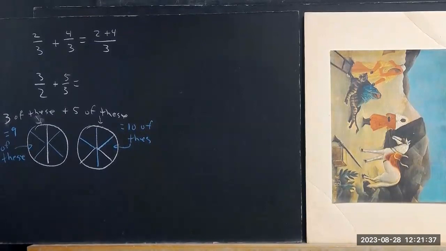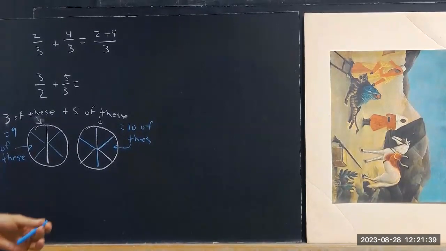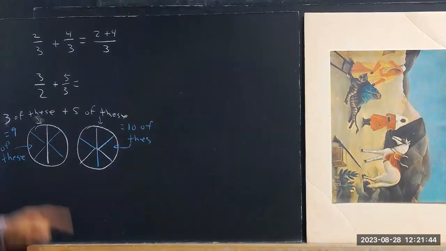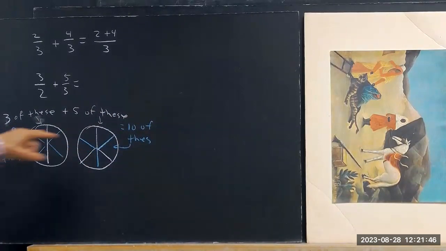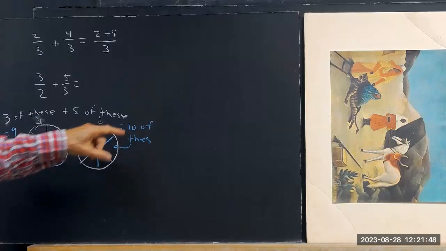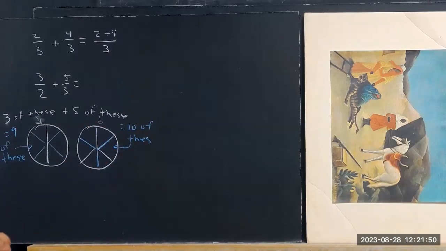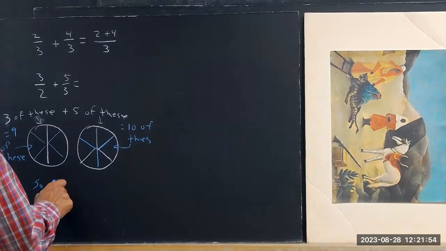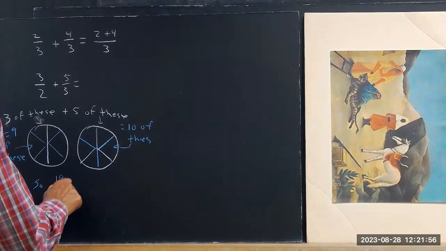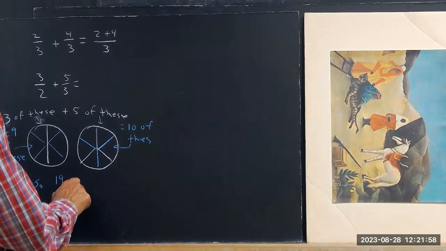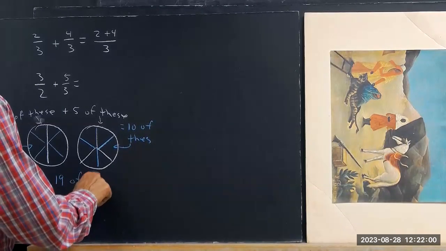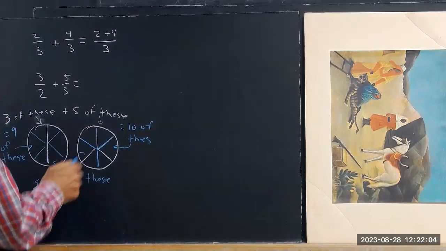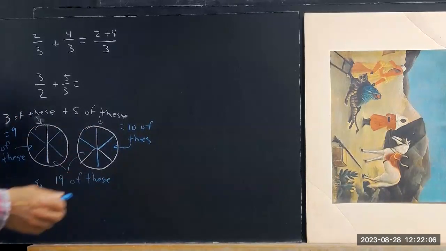That's the idea. I can divide these up into some common slice that can then be added, because now I've got 9 of these and 10 of these, 19 of these. These are all the same things.